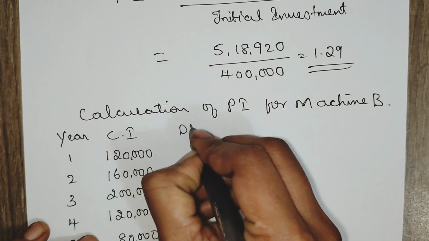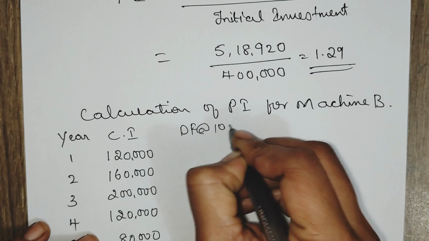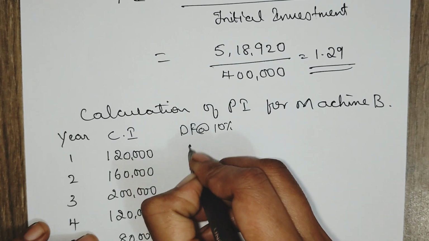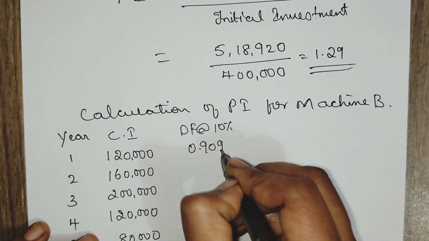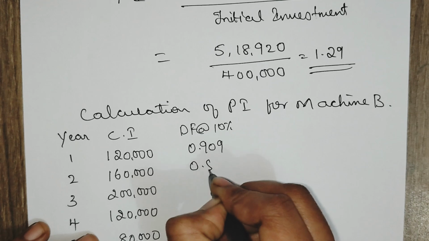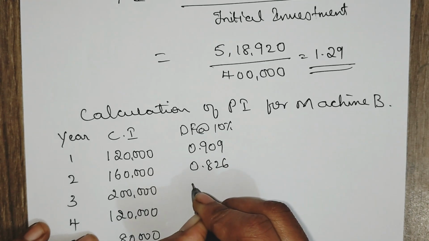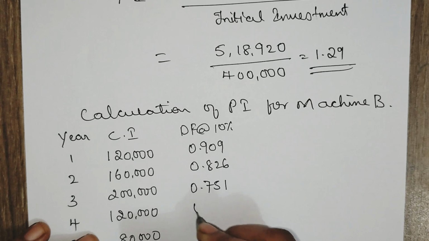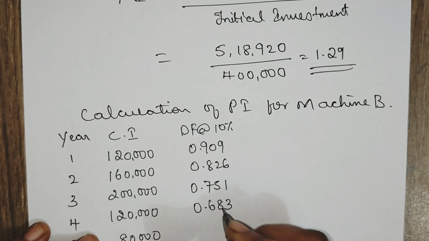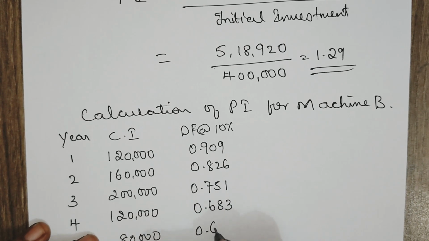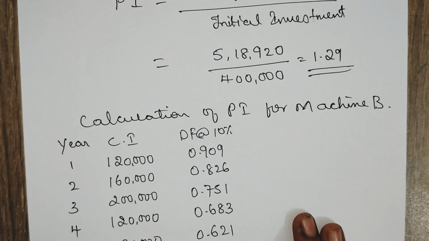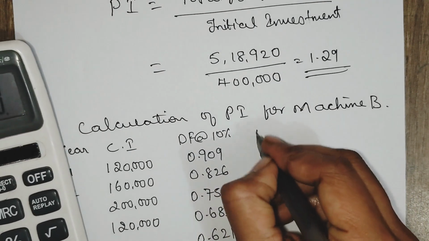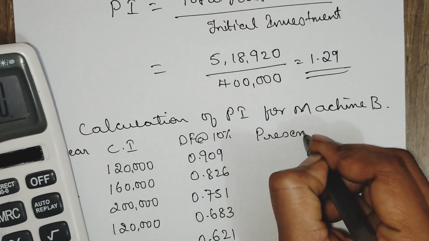Discount factor at 10%. For both same discount factor: 0.909, 0.826, 0.751, 0.683, 0.621. Let us calculate the present value.